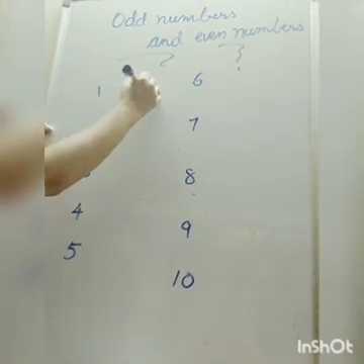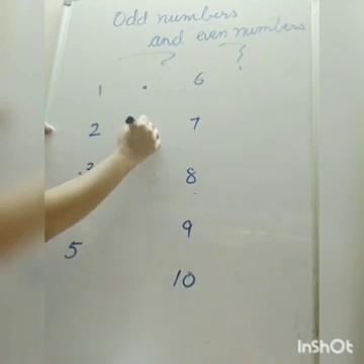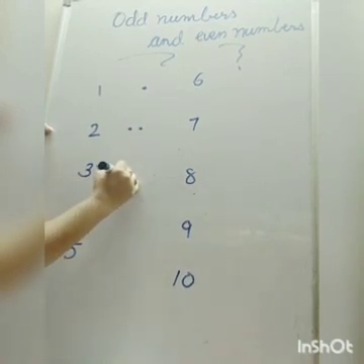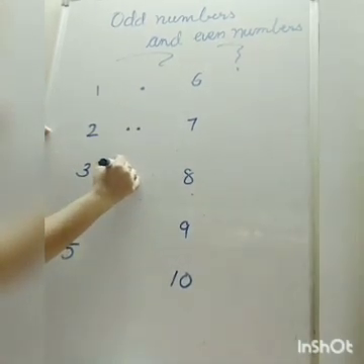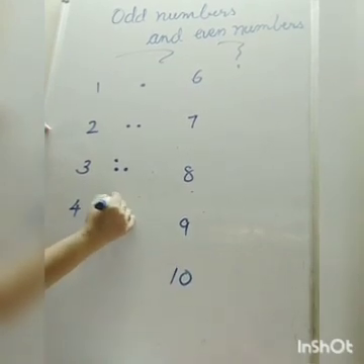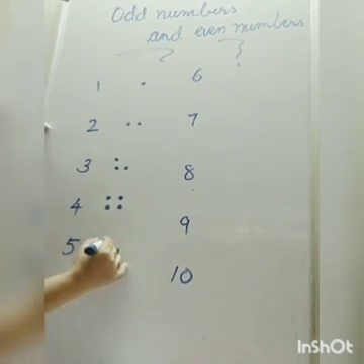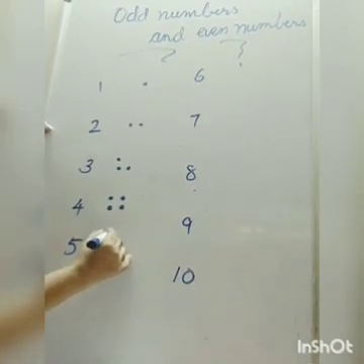For 1, 1 dot. For 2, 1, 2 dots. For 3, 1, 2, 3. For 4, 1, 2, 3, 4. For 5, 1, 2, 3, 4 and 5.